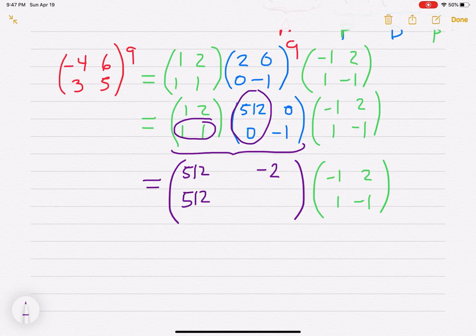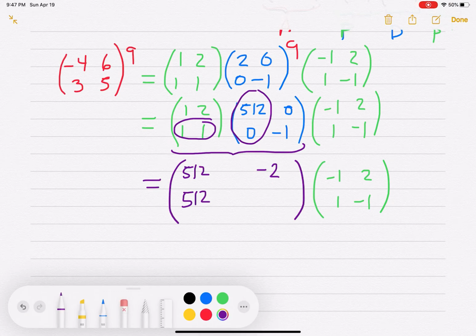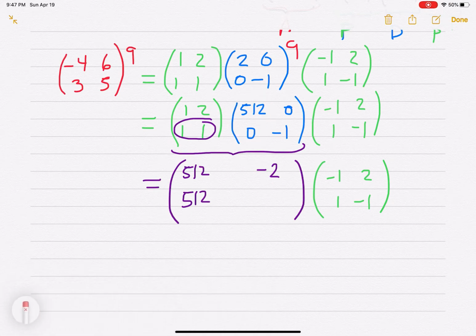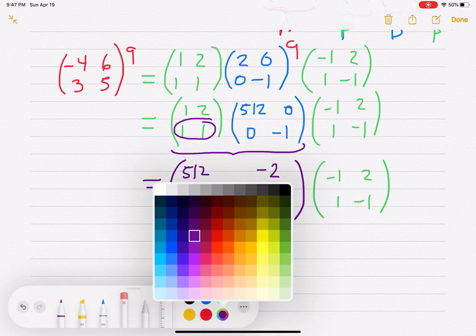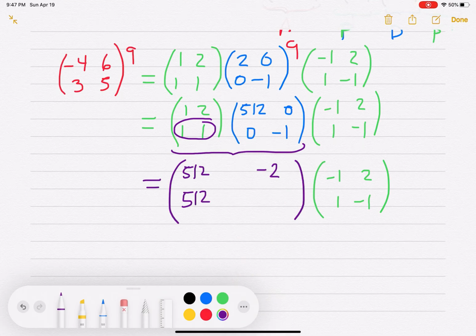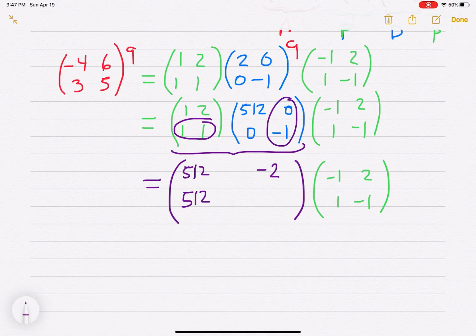And then we're going to get the second row, second column. Take the dot product. You got 1 times 0 is 0 plus 1 times -1 is -1. Now I can multiply these two matrices together.